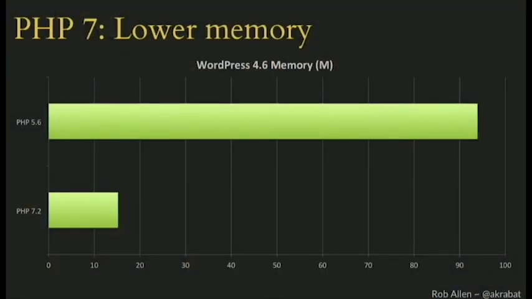That's quite important for serverless because we are charged by how long our actions run. Similarly, PHP 7 uses a lot less memory, which is another key feature of a serverless cost. If you're using less memory, you're being charged less money. And that's important. PHP 7 is really memory efficient compared to PHP 5.6.